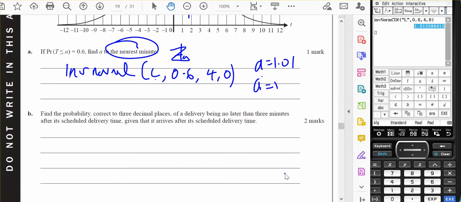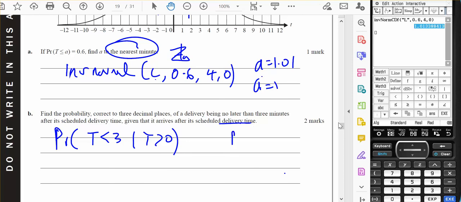Find the probability of a delivery that is no later than 3 minutes after its delivery date, given that it arrives on time. Probability that no later, so T is less than 3 given T is bigger than 0. Given that it's been scheduled after delivery time, okay.